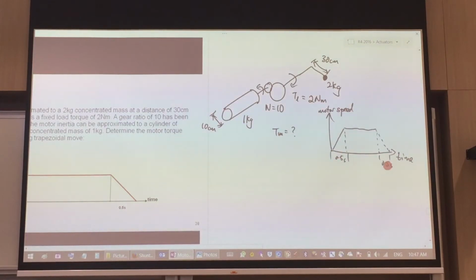So there was one year that the student thought this 0.5 seconds is from this 0 point to this point. It's not. It's just that deceleration phase. That's 0.5 seconds. And that constant velocity will be 2,000 RPM.